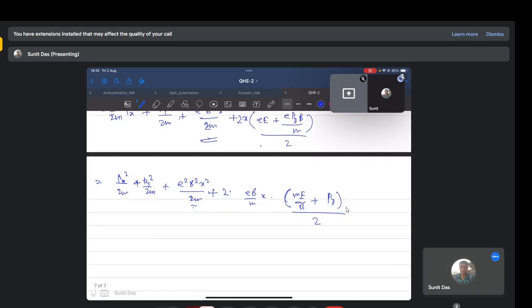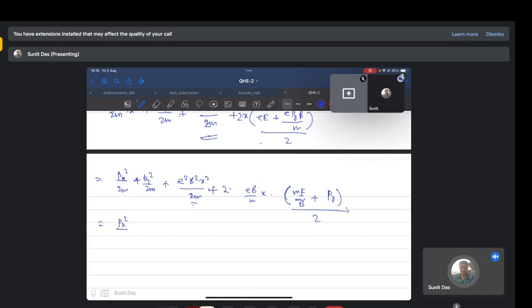And then what we'll do is that, again, keep aside this px square by 2m, and so again, let's take common 1 by 2m, py square plus e square B square x square.